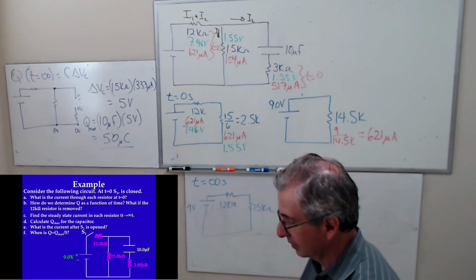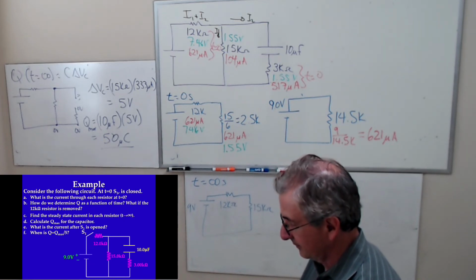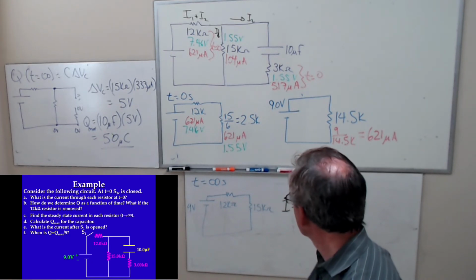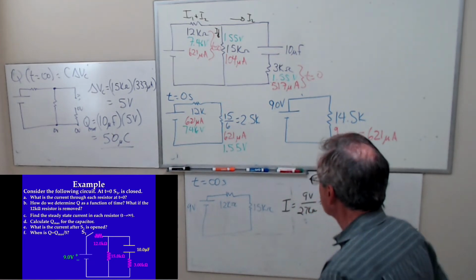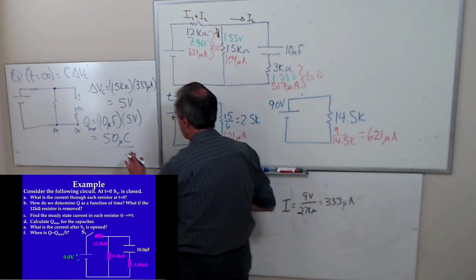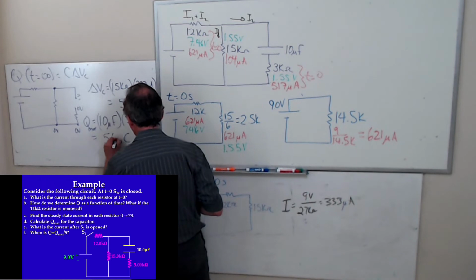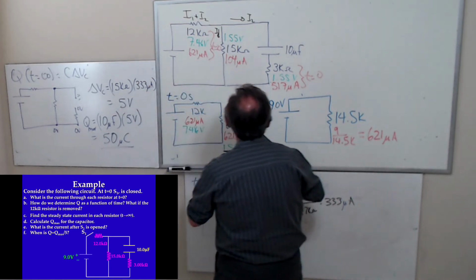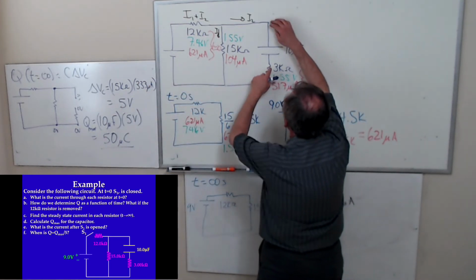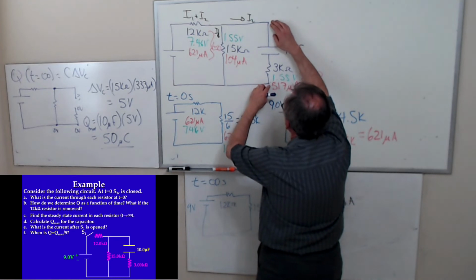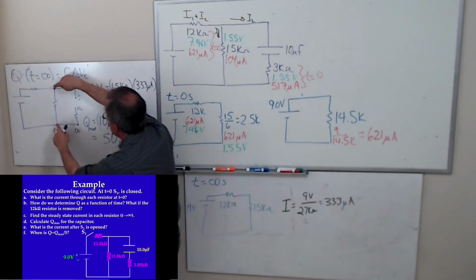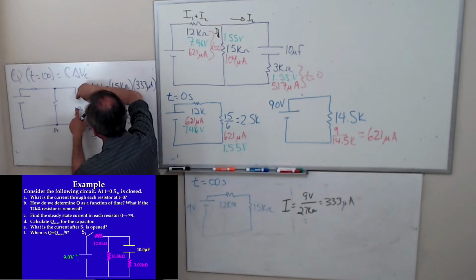Are we okay with that? Can you go back to the part where you're talking about why it's got the same voltage as the 15 kilo ohm resistor? Because, well, over here, isn't this potential the same as this potential?